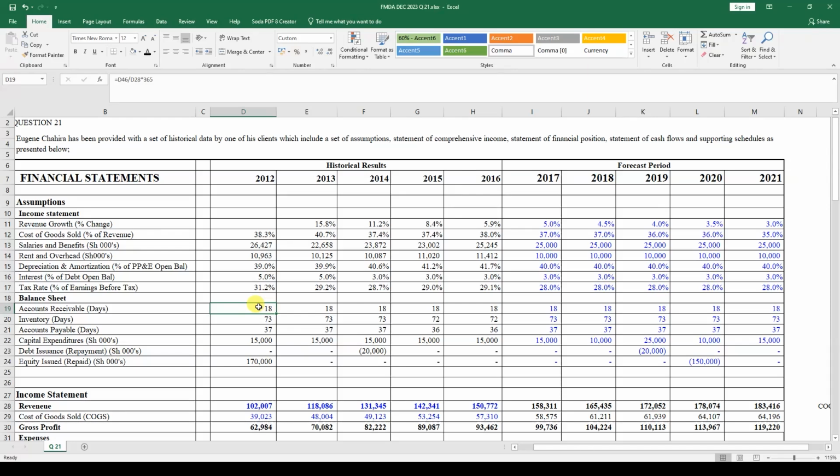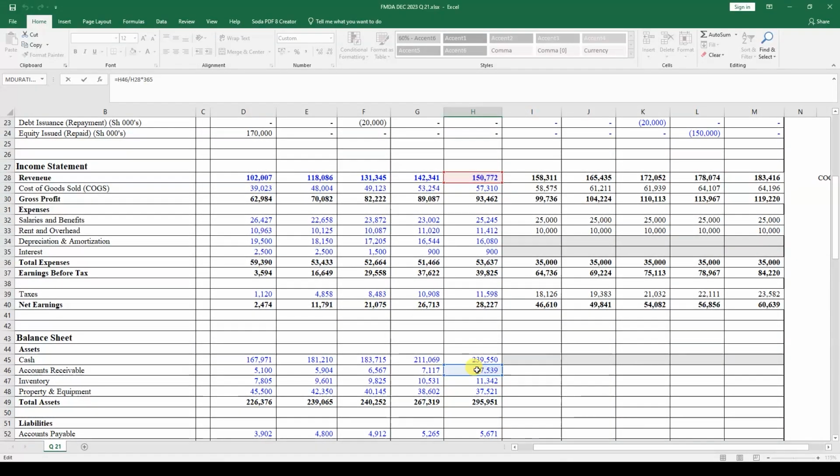So it is accounts receivable over revenue times 365. We can get this from these black formulas over here. If you double click, you can see it is the accounts receivable.